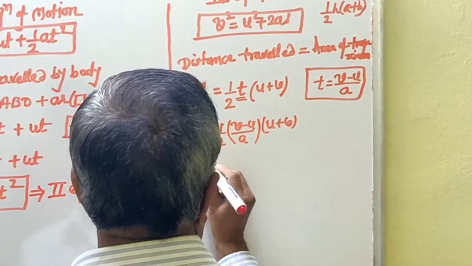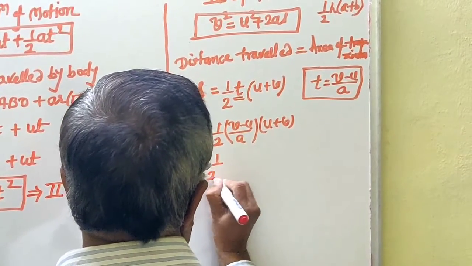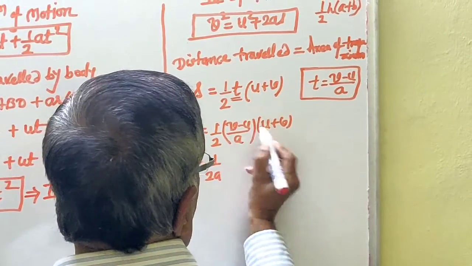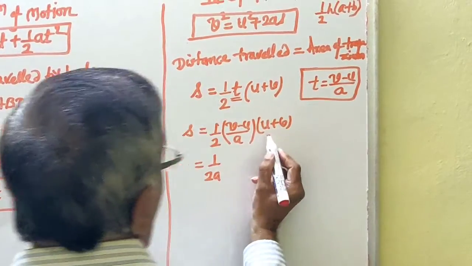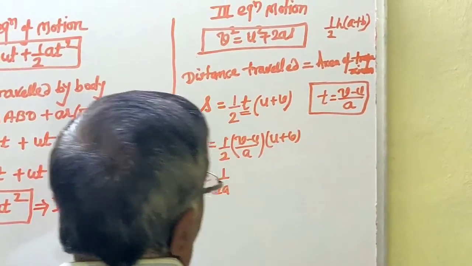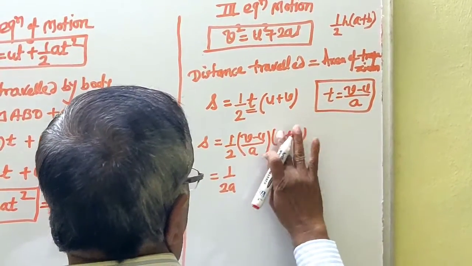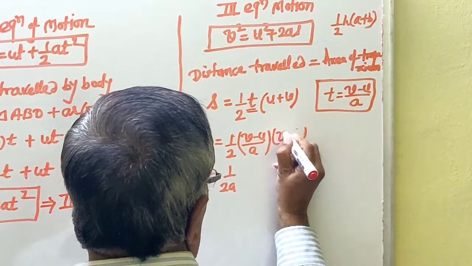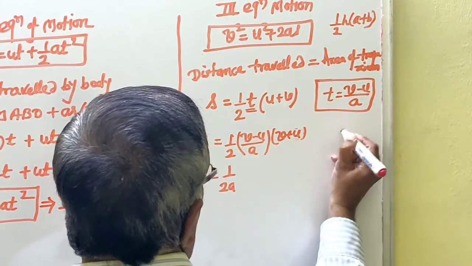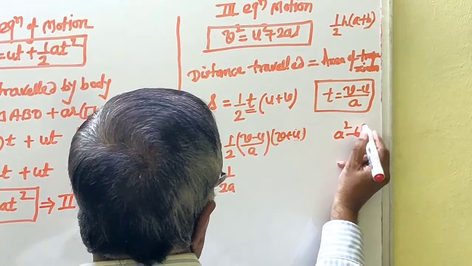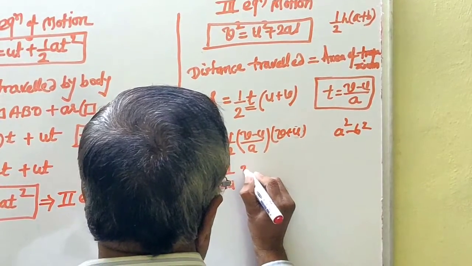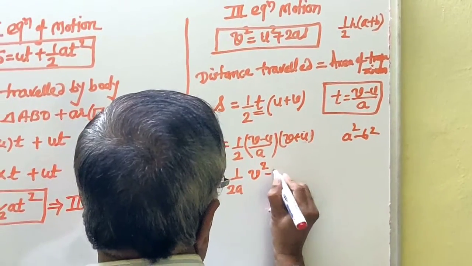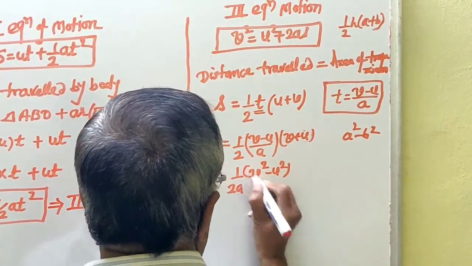Now I will write it like this: 1 upon 2a, into v minus u, into u plus v, which you can also write as v plus u. You can apply the formula a square minus b square. So v square minus u square will come here.